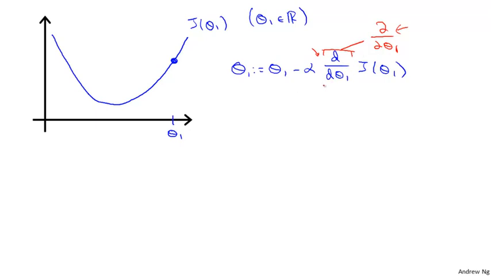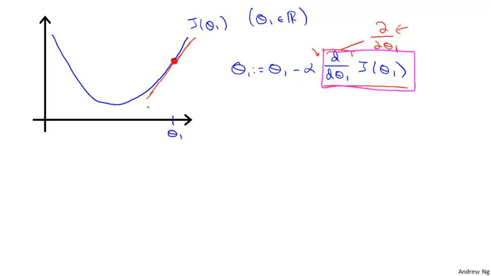But let's see what this equation will do. We're going to compute this derivative. I'm not sure if you've seen derivatives in calculus before, but what the derivative at this point does is basically say, let's take the tangent at that point, that red line just touching this function, and let's look at the slope of this red line. That's what the derivative is. It says, what's the slope of a line that is just tangent to the function?